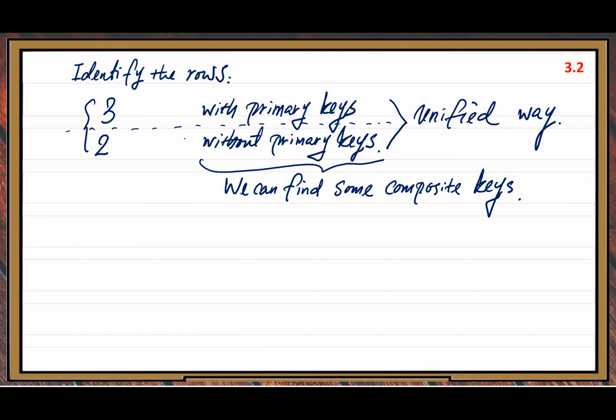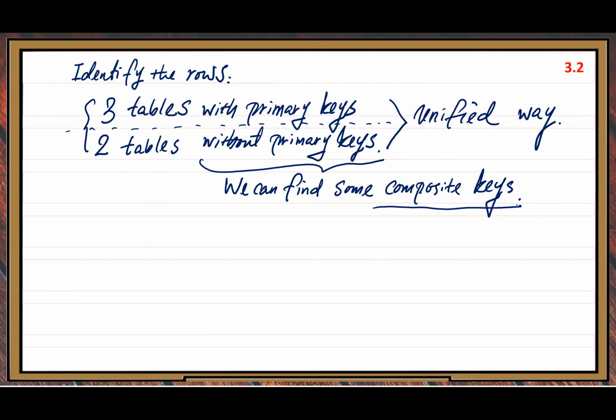They're not columns, they're tables, right? 3 tables, because we can only talk about primary keys in tables. Fortunately, for each of the 2 tables without primary keys, we can find composite keys. That's good enough to help us identify those rows.